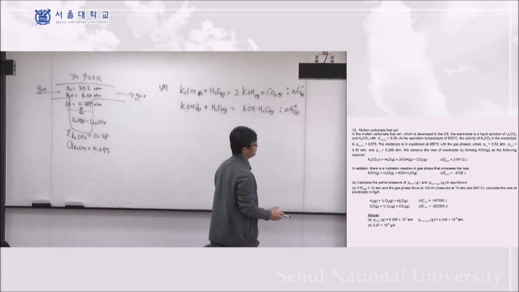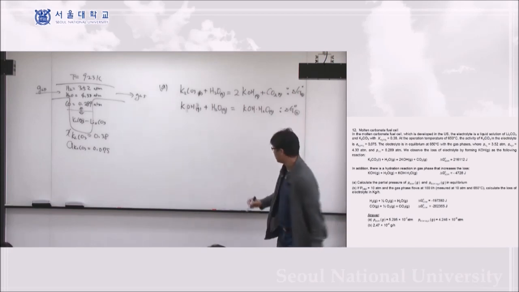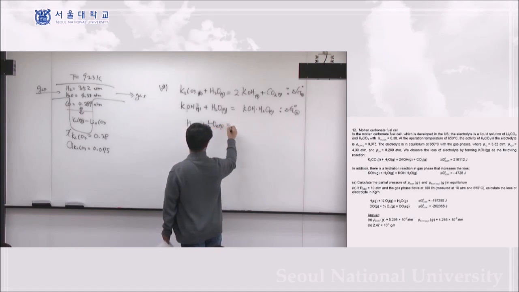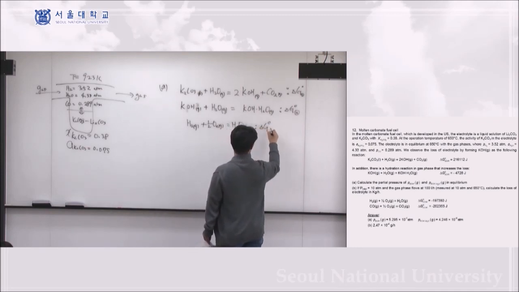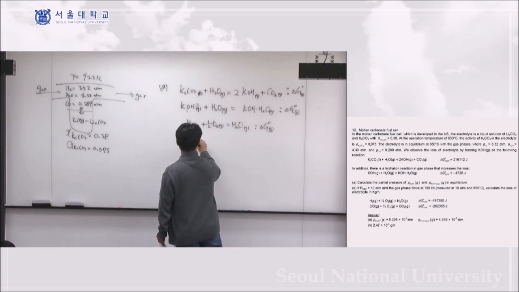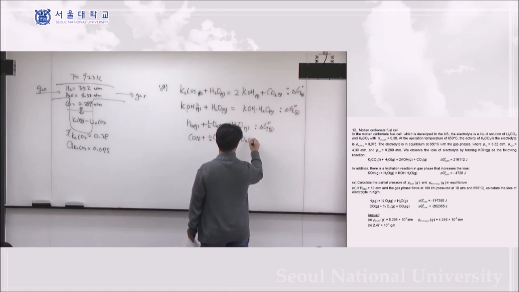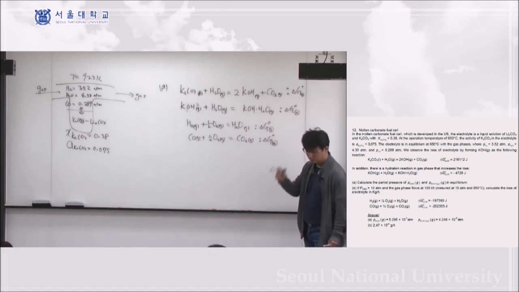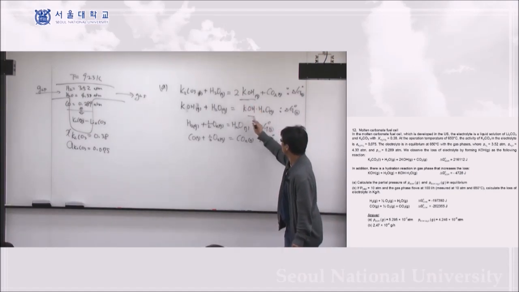This is delta G naught 2. And we have some additional chemical reactions, H2 gas plus, and then CO. So by using these 4 chemical reactions, we first have to calculate the partial pressure of this one and the partial pressure of this one.